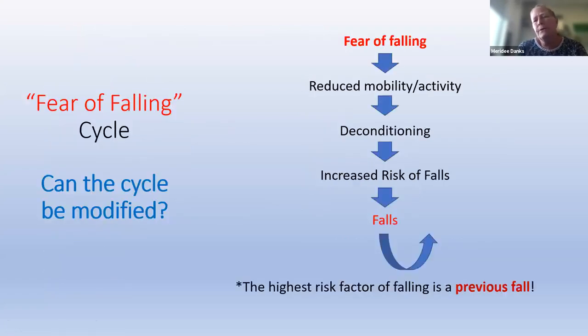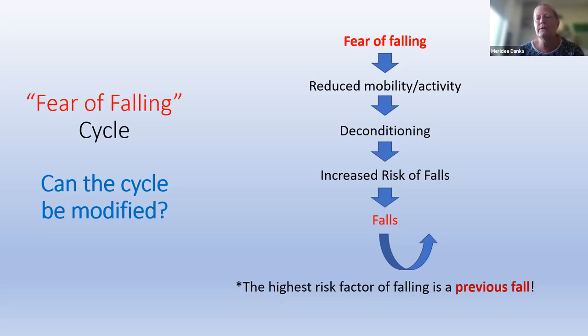So this fear of falling, I want to highlight a little bit, because we can modify this, but we again have to be careful with it. So a person falls, they develop a fear of falling, they reduce their mobility and activity, they get deconditioned, their muscles get weaker, their endurance gets poorer, and they get an increased risk of falls.